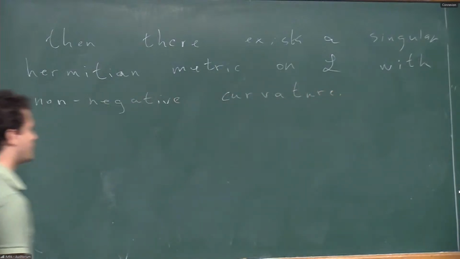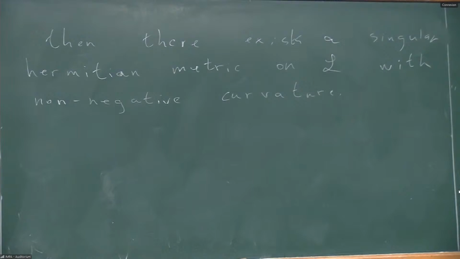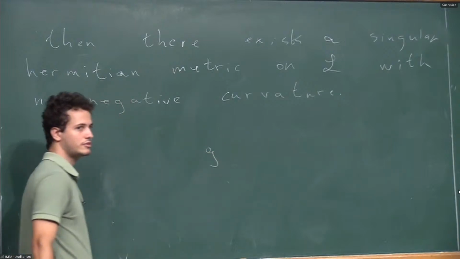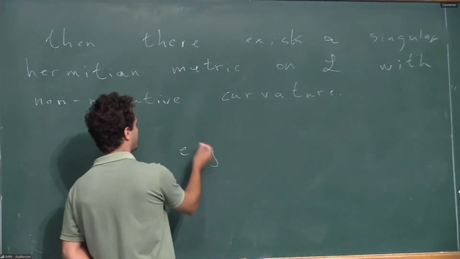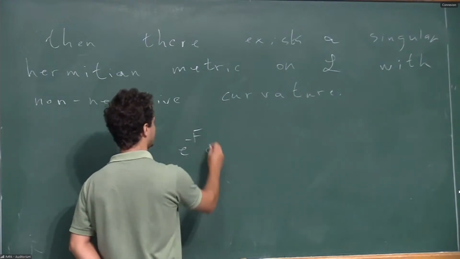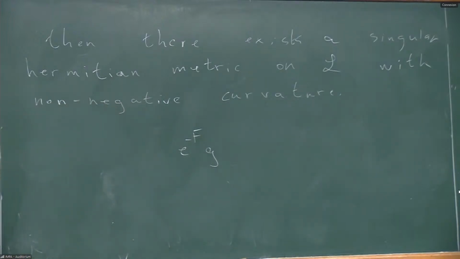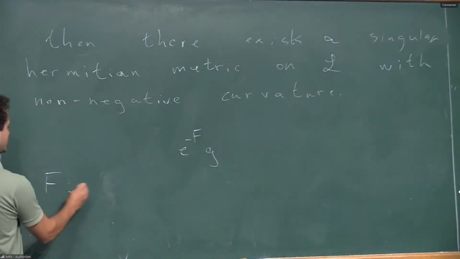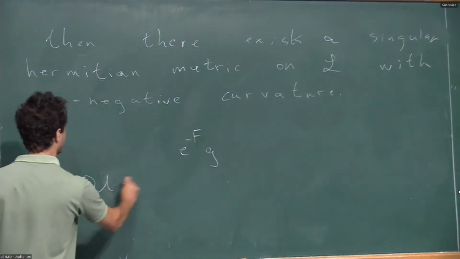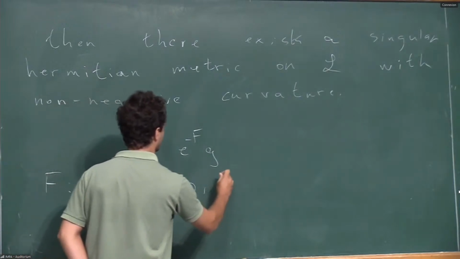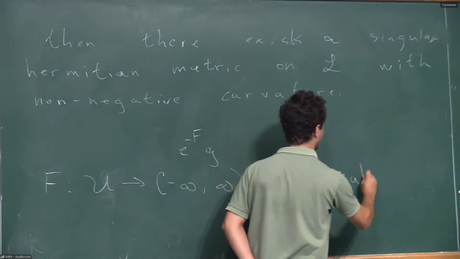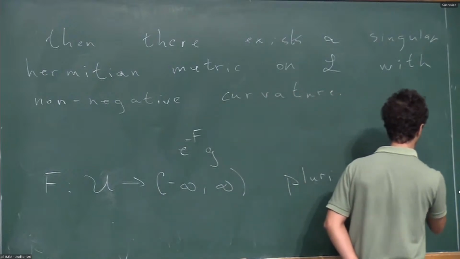And what is a singular Hermitian metric? It's just a natural Hermitian metric multiplied by the factor e^(-f), where f, this is local, right, is a subharmonic function.